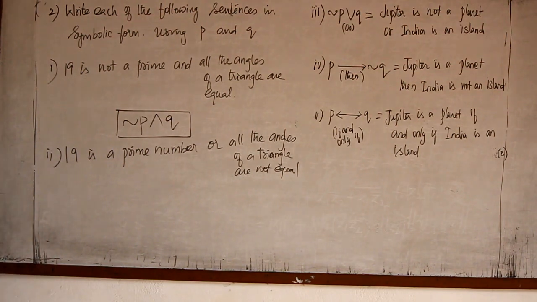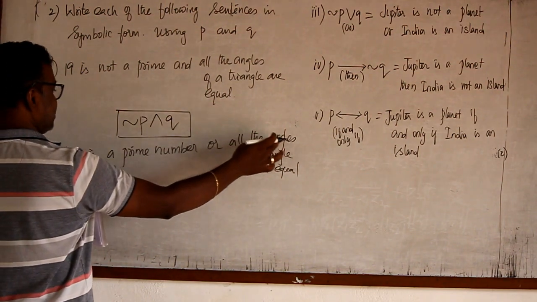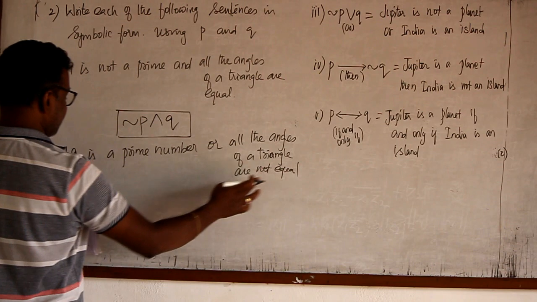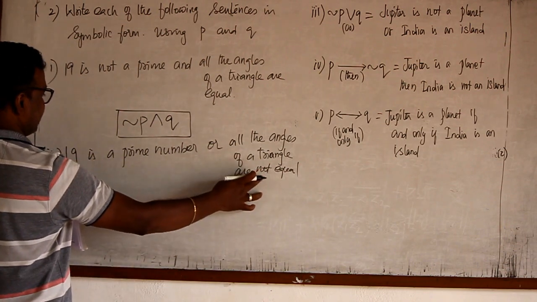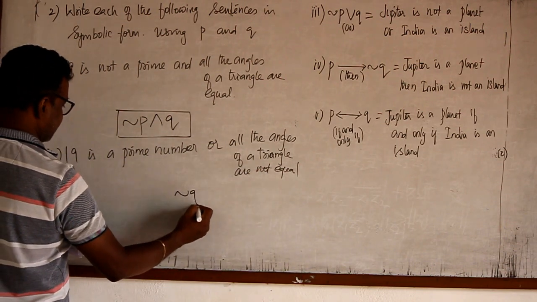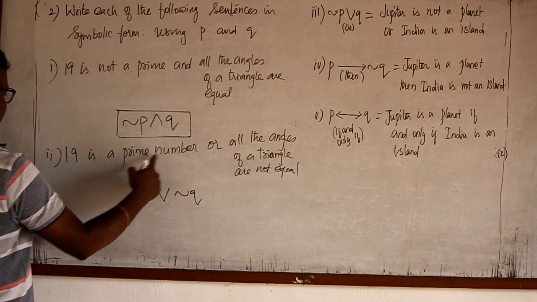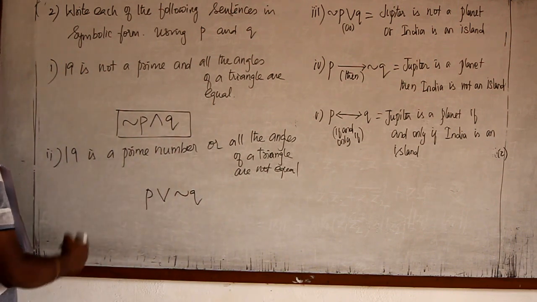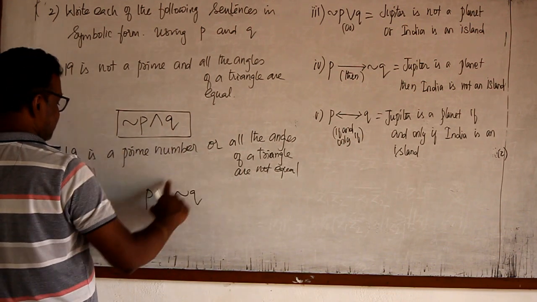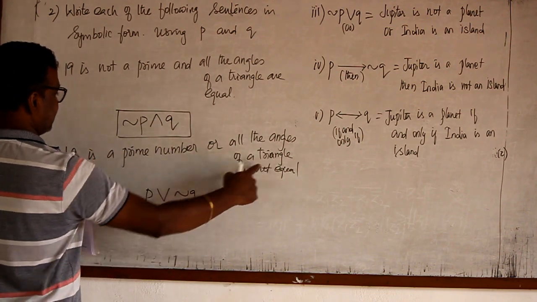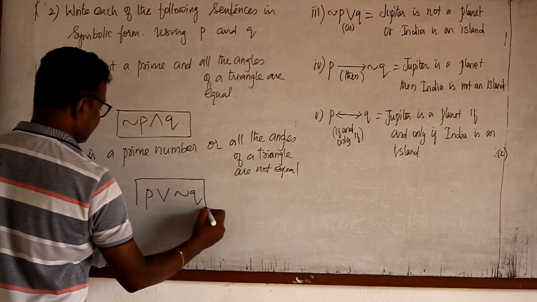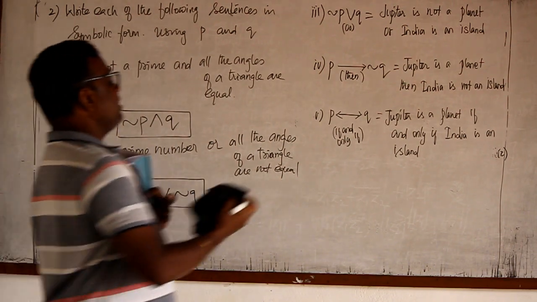This is a negative statement of Q, so I must write negation of Q for this. Or means this symbol. 19 is a prime number is a positive statement, so it is P. So P, or this symbol, negation of Q because it is a negative statement. This is the answer for this statement symbolically.